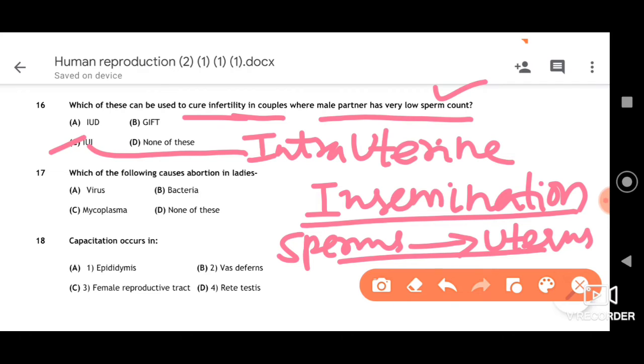This is how fertilization is carried out. Without any hesitation you can go for IUI, which is important where the male partner has a very low sperm count. So the answer here is option C.